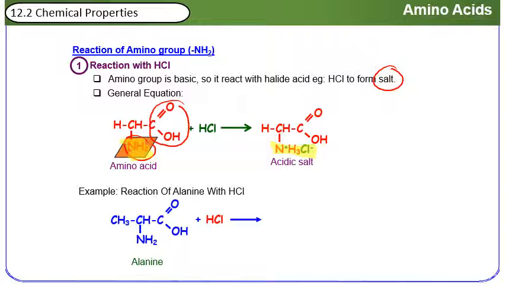We just focus on the NH2, and you will notice that once the amino acid reacts with the HCl, the NH2 will become NH3 plus Cl minus. Just keep in mind that the positive charge belongs to the nitrogen, so you can put the positive charge at the left-hand side or right-hand side of the nitrogen.